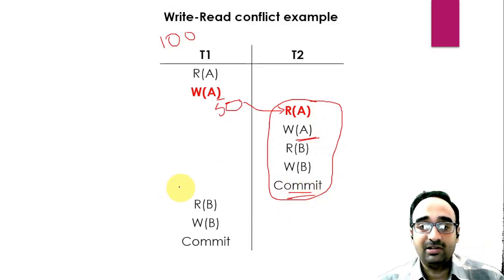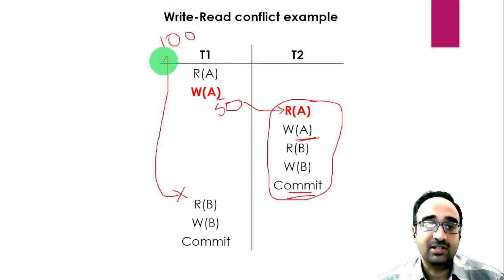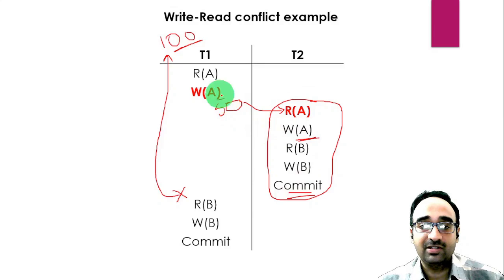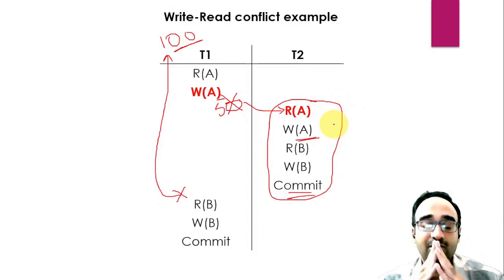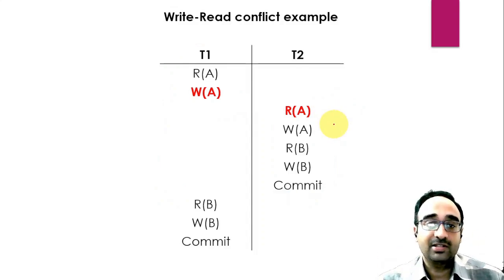Now let's say after T2 has completed, there is some system failure and this entire transaction is aborted. Means A became 100 again. It is not 50. But transaction T2 has taken 50, which is wrong, because it should be 100. So this is an example of write read conflict, also called dirty read.